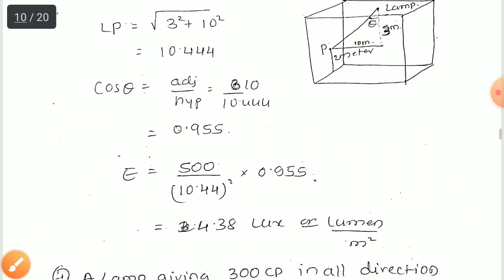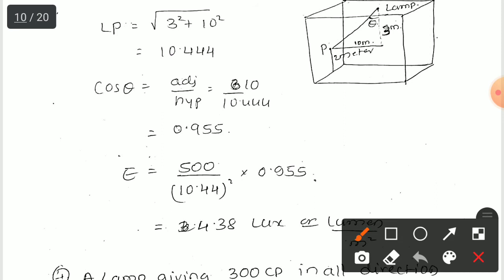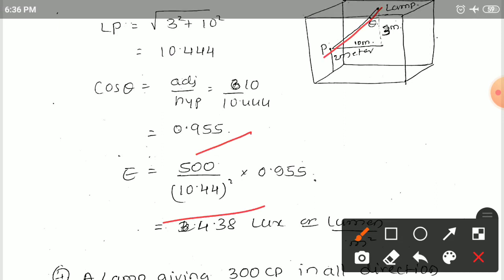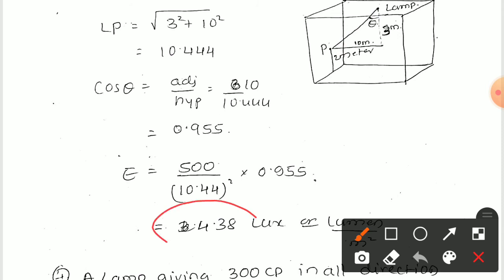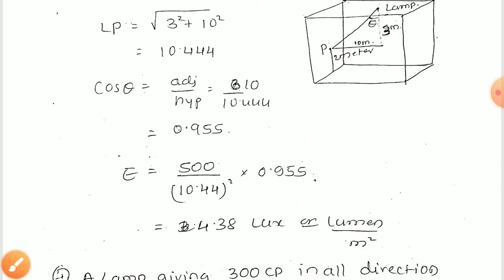Now substitute in the illumination equation: E is equal to CP 500 divided by d square, that means this d square, into cos theta, which is 0.95. You will get the illumination as 4.38 lux, or lumens per meter square.